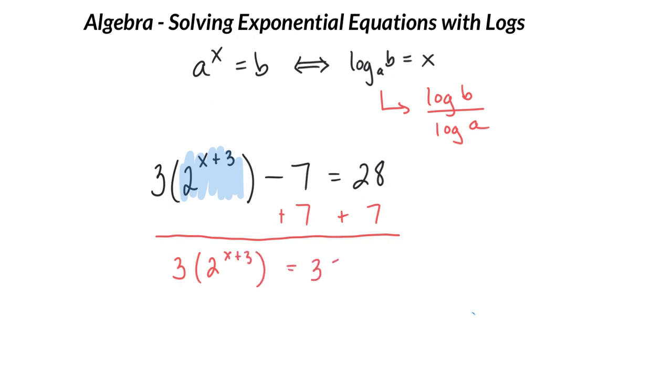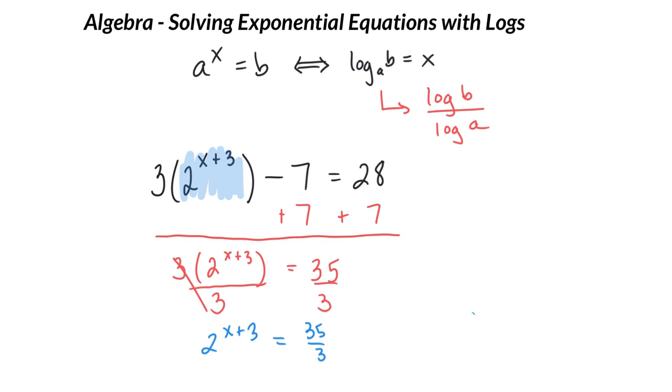Then we're going to divide by 3. And that doesn't reduce, and it's a repeating decimal, but I'm just going to leave it as 35 thirds. So I've got 2 to the x plus 3 equals 35 thirds.